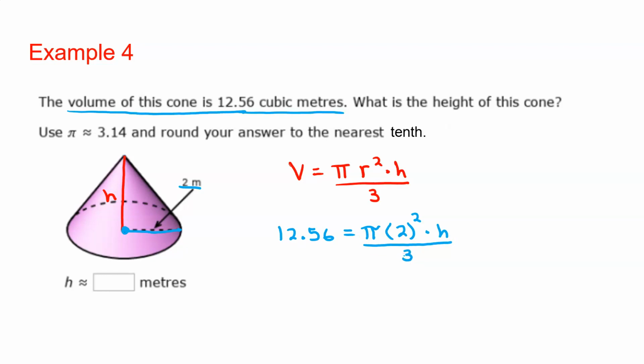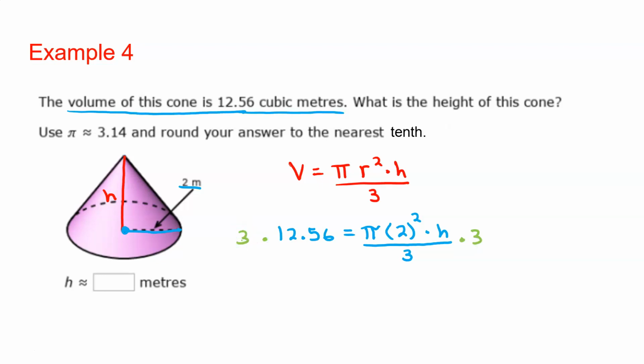Okay. So there's a couple of ways you can continue this problem. First things first, I would prefer to get rid of the fraction. I would prefer getting rid of that dividing by 3 first, right? So the way we get rid of dividing by 3, what's the inverse of dividing by 3? It's to multiply. So we're going to have to multiply both sides times 3.